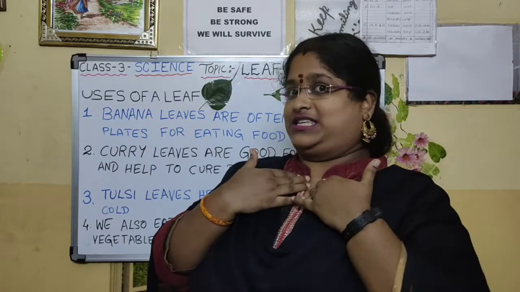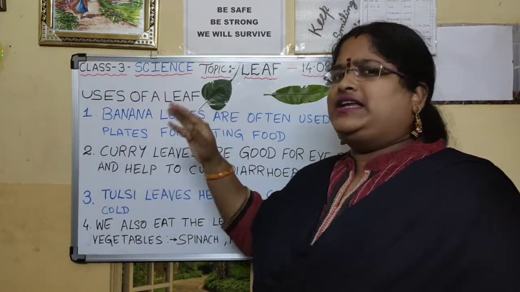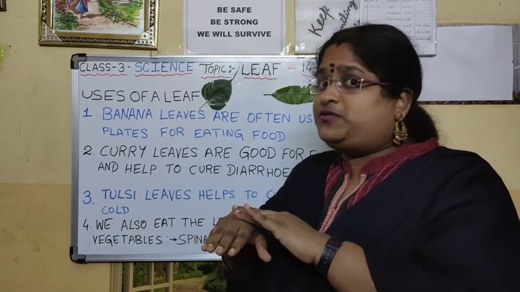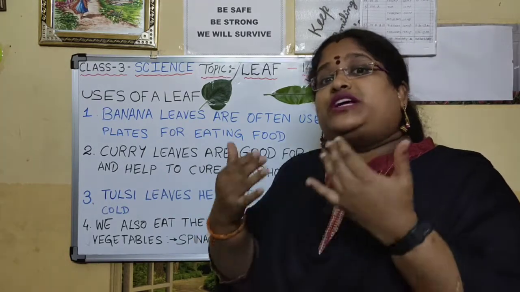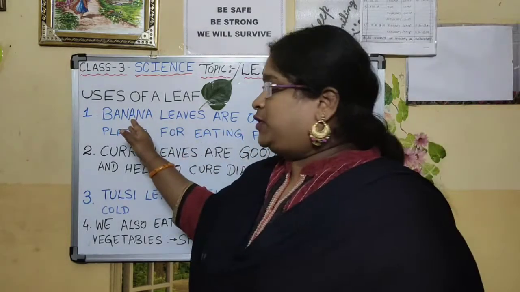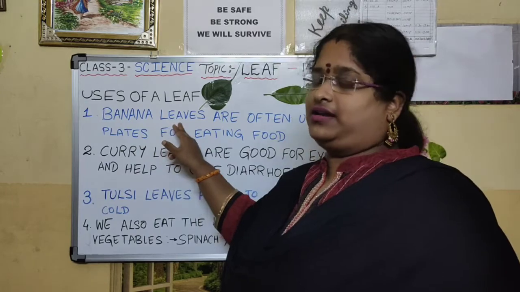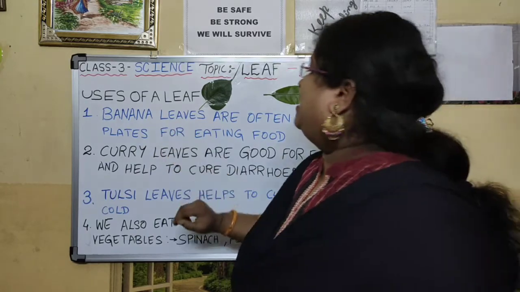Even I love that smell. Also, it has the medicinal value. It cleanses the blood. It purifies our blood. Also, it protects from skin diseases. Yes. So, whenever you get the chance to serve the food in banana leaf, you try it, children.